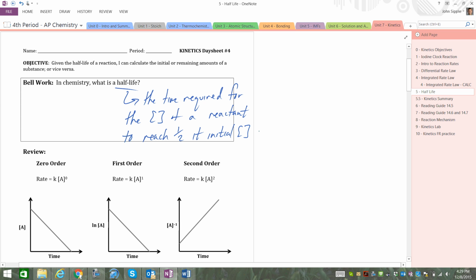So in other words, the concentration of A at time half-life, time 1/2, is equal to half the concentration of A at time 0. It's just a short way to describe reaction rates.